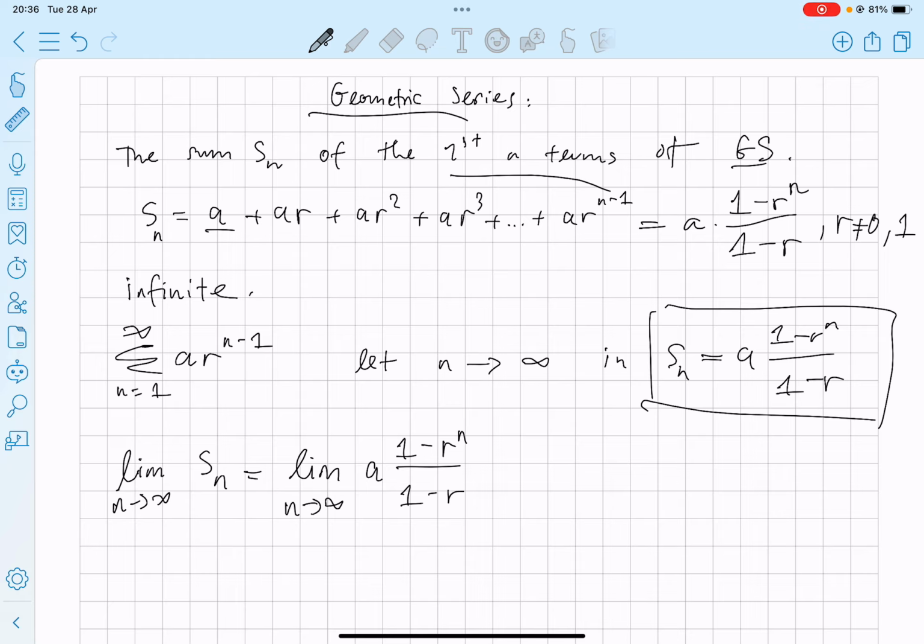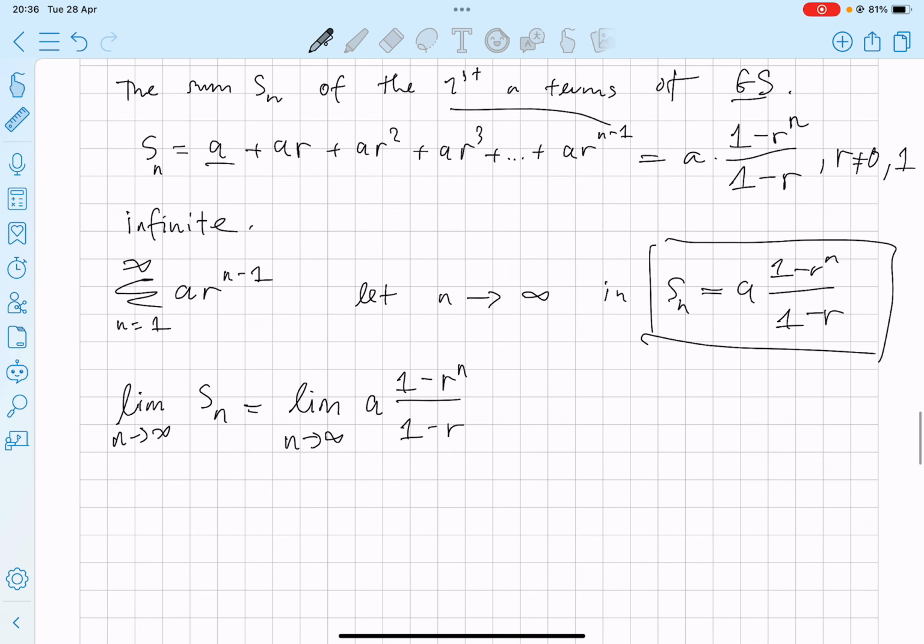Now we separate 1 and r to the power of n into two different terms, and it's gonna be the limit of a multiplied over this, so it's gonna be a minus a r to the power of n, over 1 minus r.